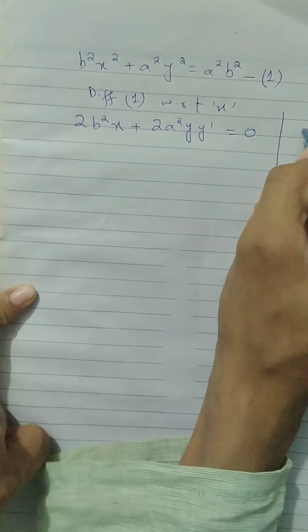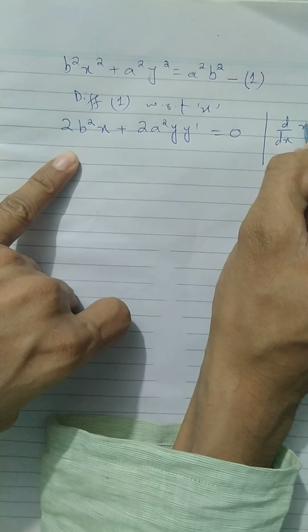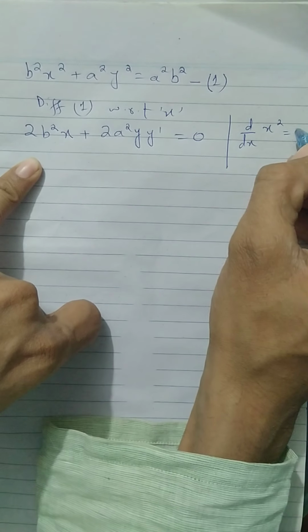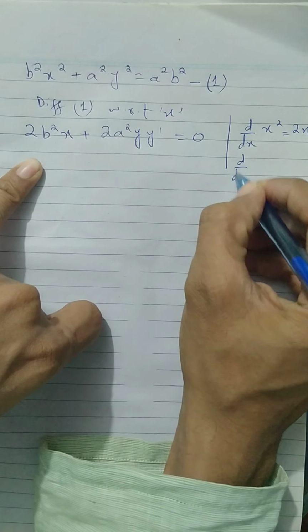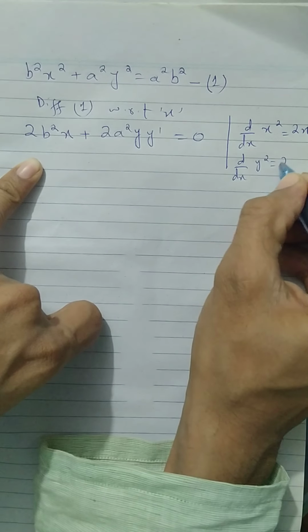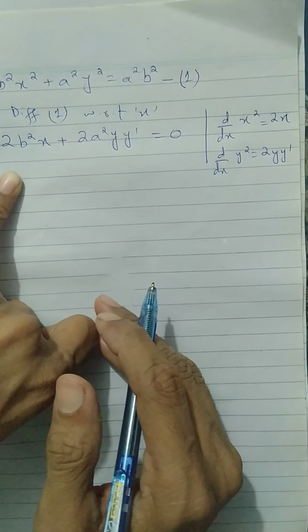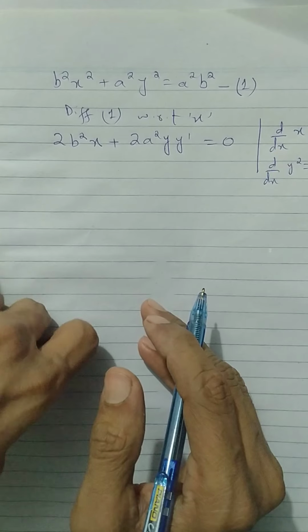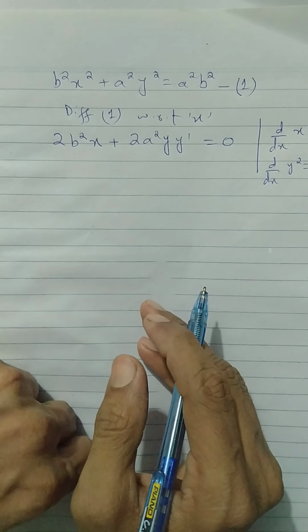Since we know that the derivative of x square will be 2x, and the derivative of y square will be 2y into y dash, I'm just writing it directly here as 2a square y into y dash equals 0.